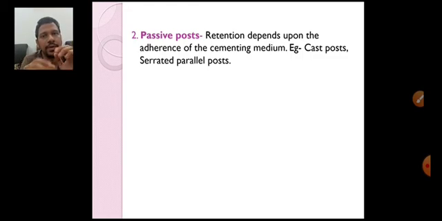So the fit in that scenario is called passive. That is called passive post. You have to give a passive post all the time. The literature says they used active post, but nowadays you are supposed to give a passive post. You are not supposed to use the active post nowadays. The reason I will tell in the later slides.